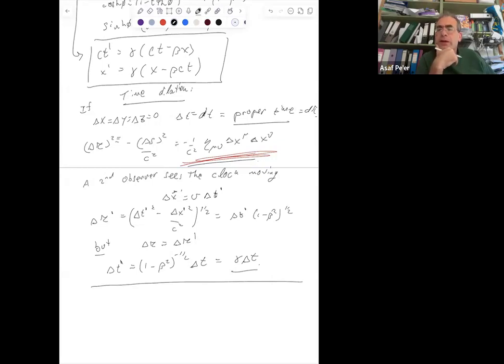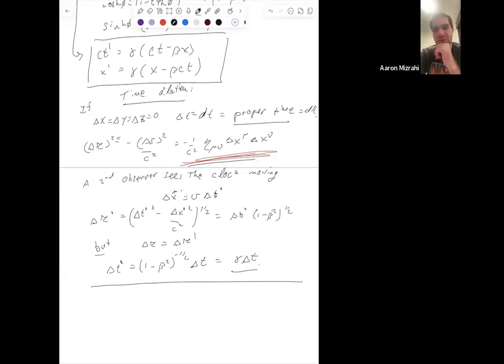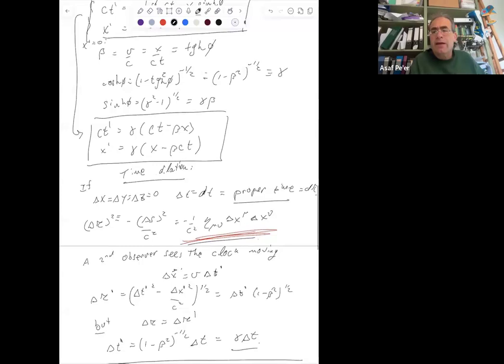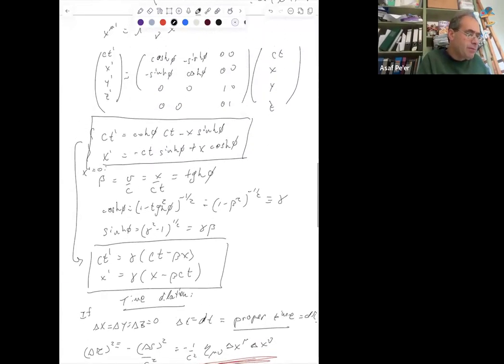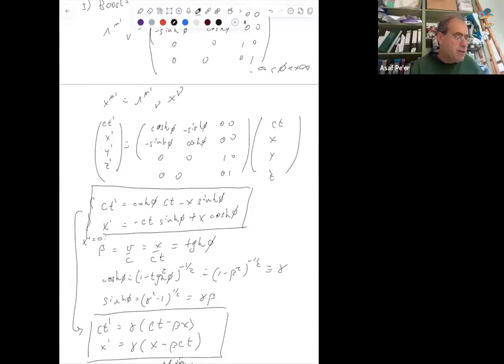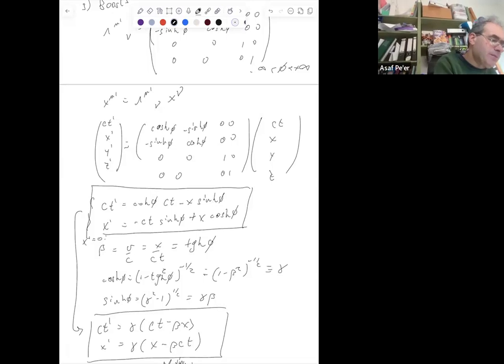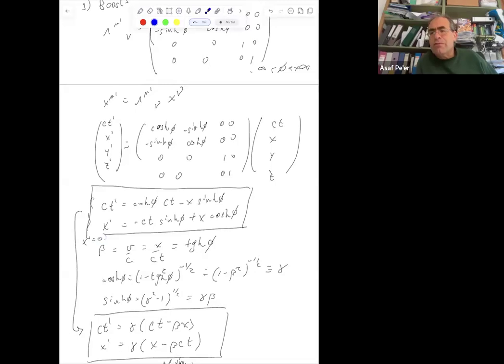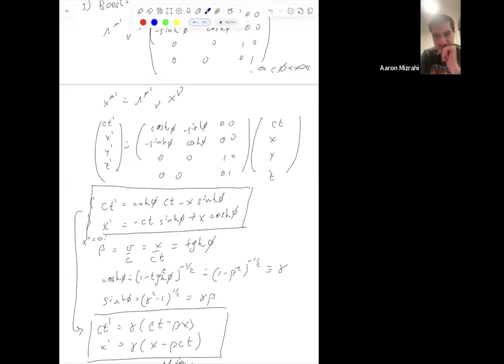It depends on the problem at hand. There's no general rule. Here I said, okay, I want to do a boost in the X direction. You could do a boost in the Y direction as well, right? I choose to do a boost to some velocity, which is determined by beta. But you can do a boost to another velocity, which is beta 2. So it's determined by the problem at hand.